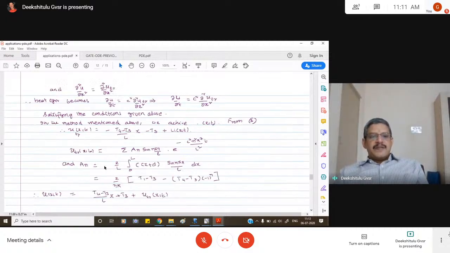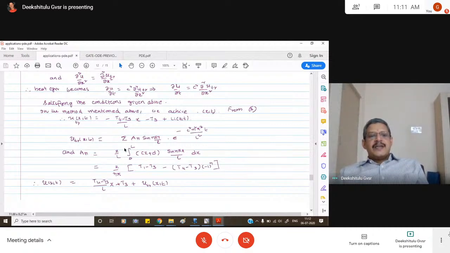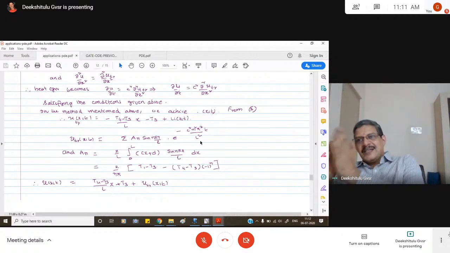If you solve this equation, U_TR of x,t is sigma a_n sin(n pi x by L) e to the power minus. I am writing the standard expression; I am not going into the proof. I have just explained how to tackle the problem. The steady state solution from the previous stage becomes the initial condition for the transient part. Remember that.